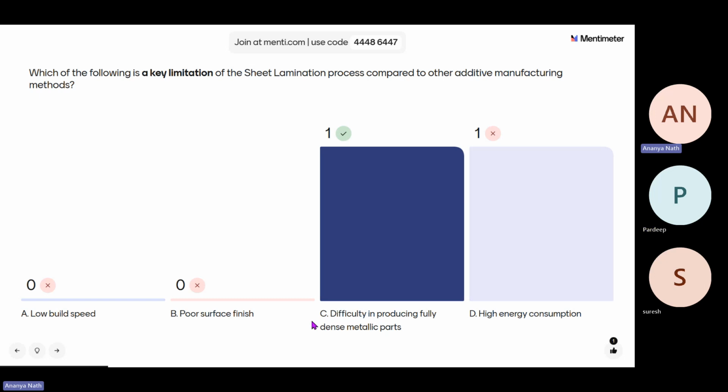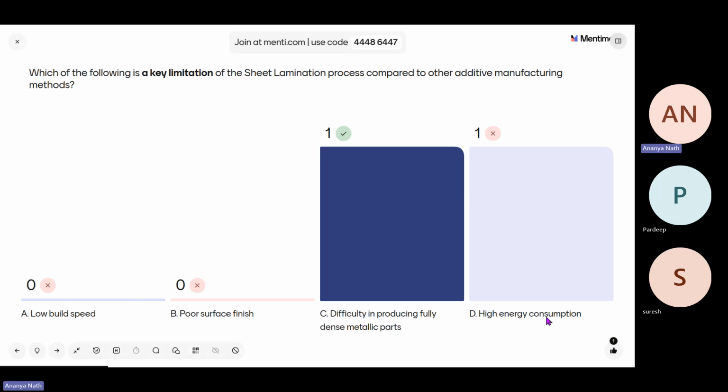So in that process, you cannot really print a high-productivity part which you can use for a real application. You can only print some wooden parts or parts out of paper sheets, which you can use for showcasing or rapid prototyping, but not a real application. So it's difficult to produce fully dense metallic parts, which is the biggest limitation you can see.